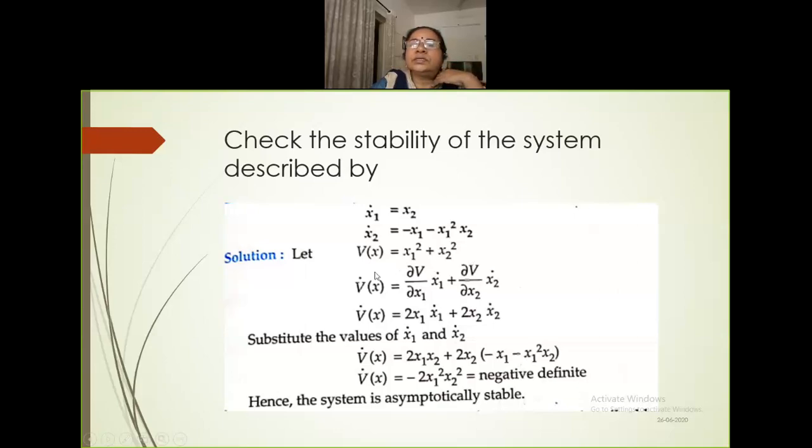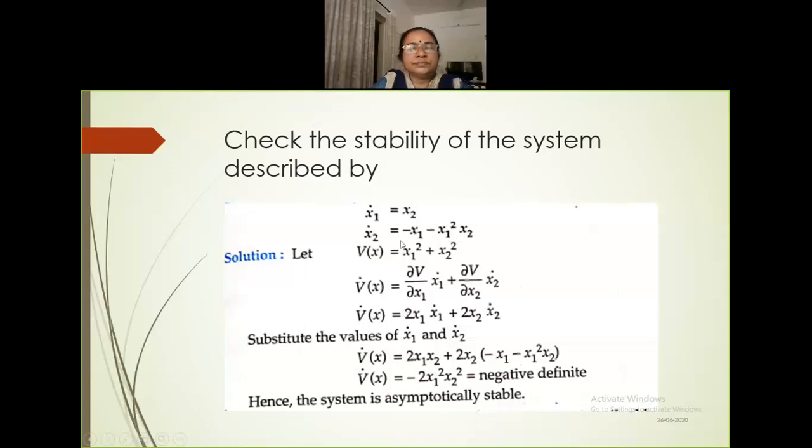Then find V dash x, which is dou V by dou x1 times x1 dash plus dou V by dou x2 times x2 dash. Then you check whether V dash x is negative definite. Then the system is asymptotically stable.